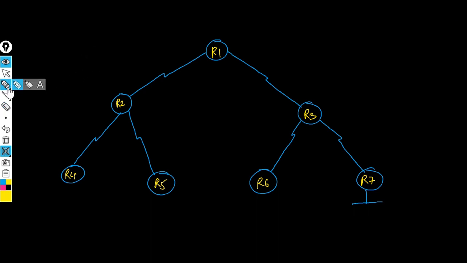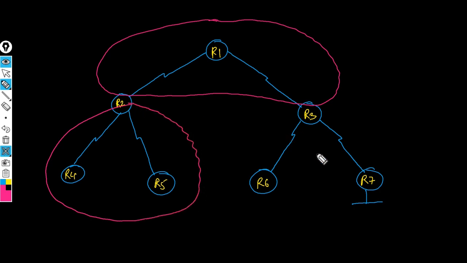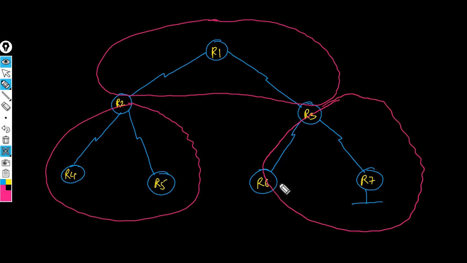Now see. If you want to divide this into multiple areas, I will take one example here. Let's say I'm going to keep these routers in one area, these in one area, and these in one area here.